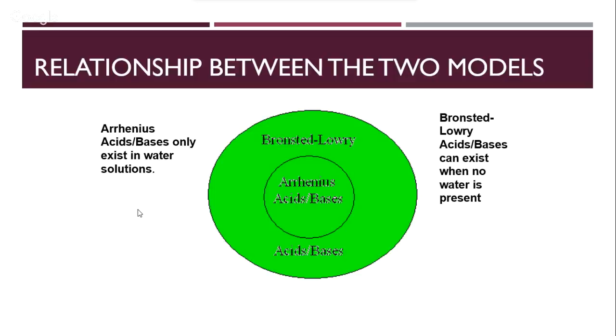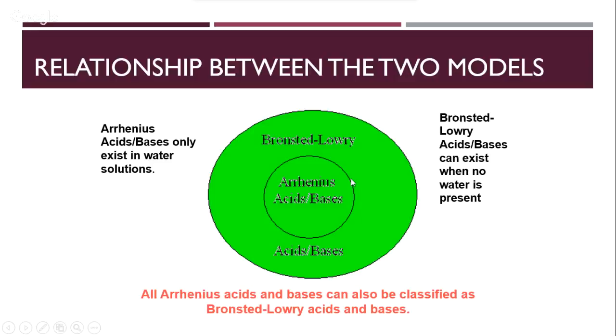But Bronsted-Lowry is a much larger definition, and therefore all Arrhenius acids and bases are definitely Bronsted-Lowry acids and bases, but the other way is not true. All Bronsted-Lowry acids and bases are not Arrhenius acids and bases, because they can exist even when water is not present, and therefore it is a larger circle. So this is the relationship between the definitions of acids and bases.